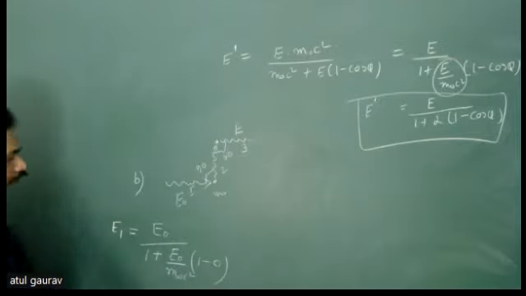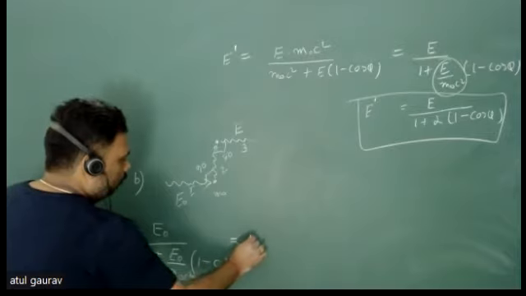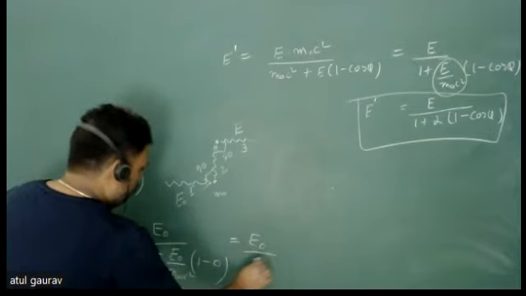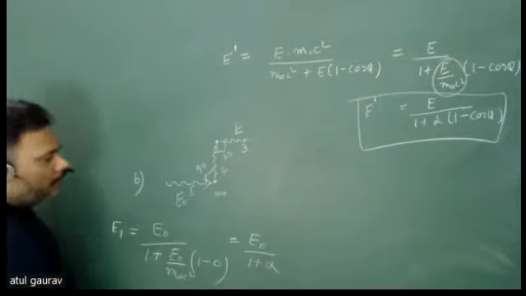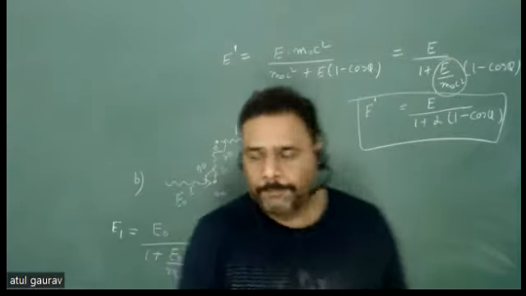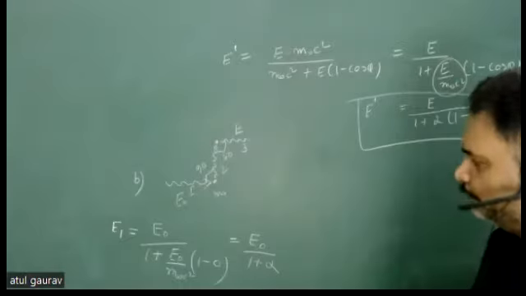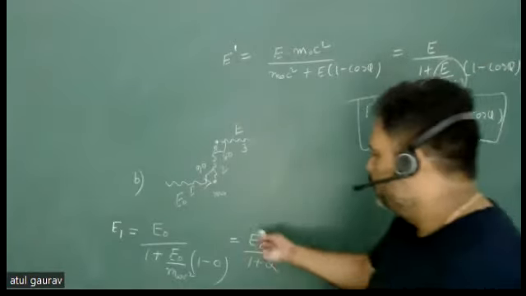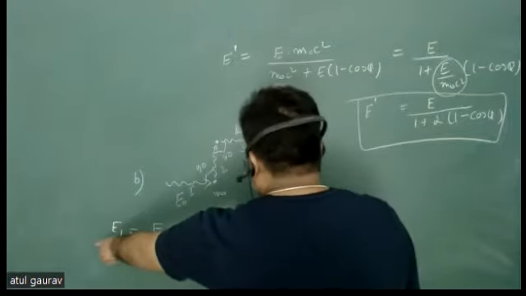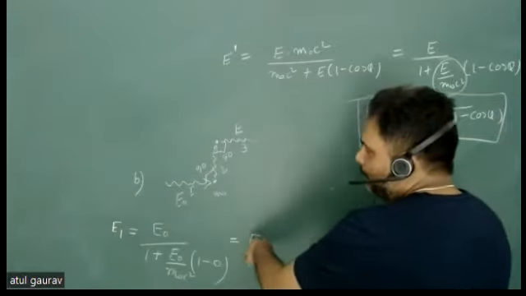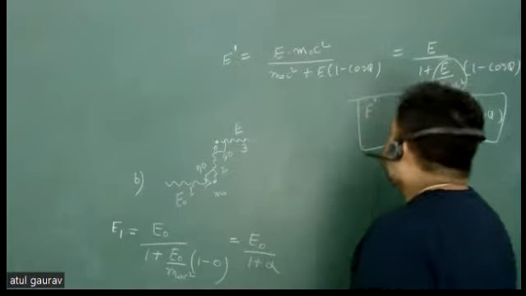So this value is equal to E0 by 1 plus alpha. Are you comfortable? Obviously this is 1 plus alpha, which means E1 is less than E0.